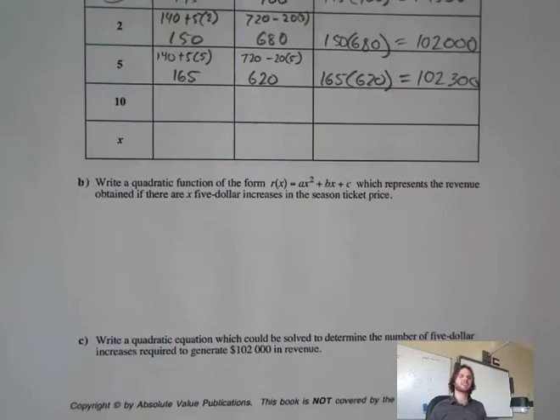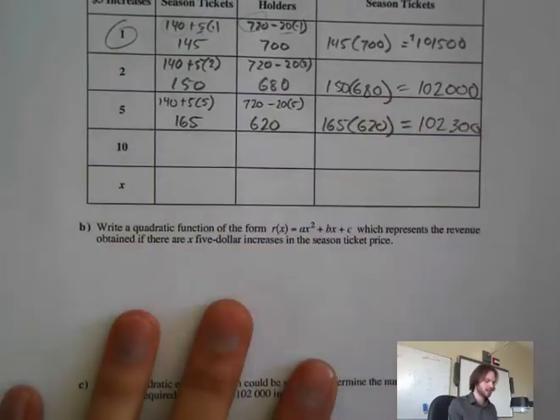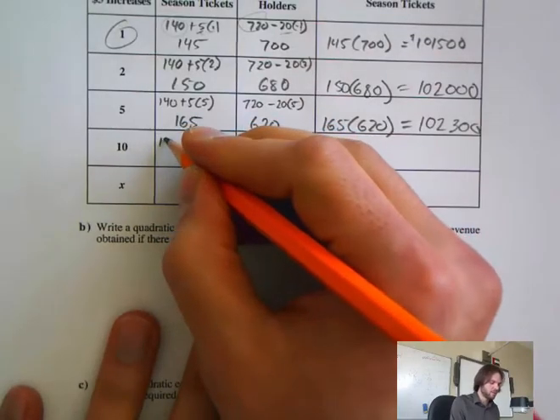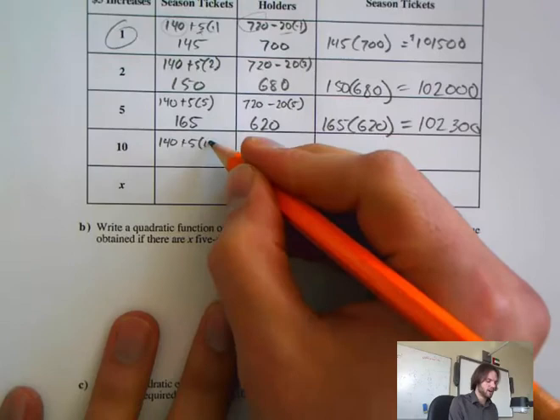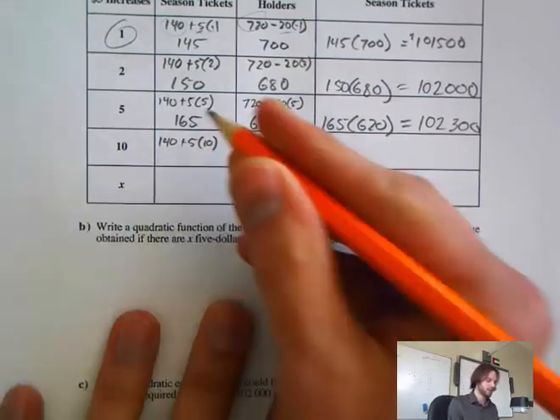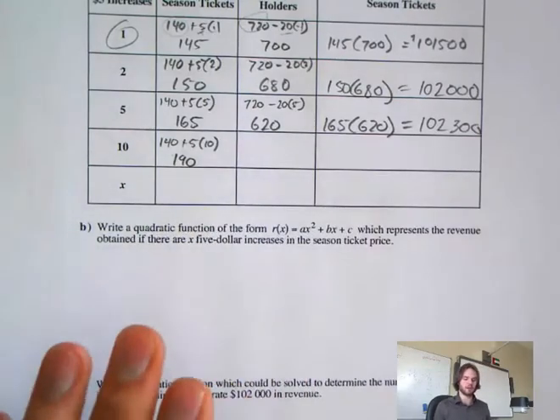Now let's try the next one, 10. Once again, 140 plus $5, ten times, so it's going to give me $190 a ticket. Very expensive tickets.